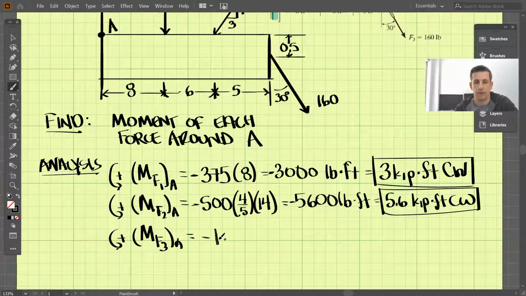So we have negative 160 times the vertical component, which should be the cosine of 30 degrees. Then we need to multiply it by the perpendicular distance it is away. For the downward force, that is 8 plus 6 plus 5, and that should be 19.